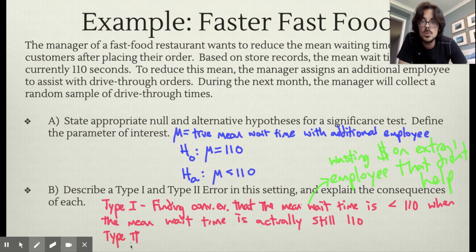Type 2 error is failing to reject. So if I fail to reject H0, that means I did not find convincing evidence for HA.